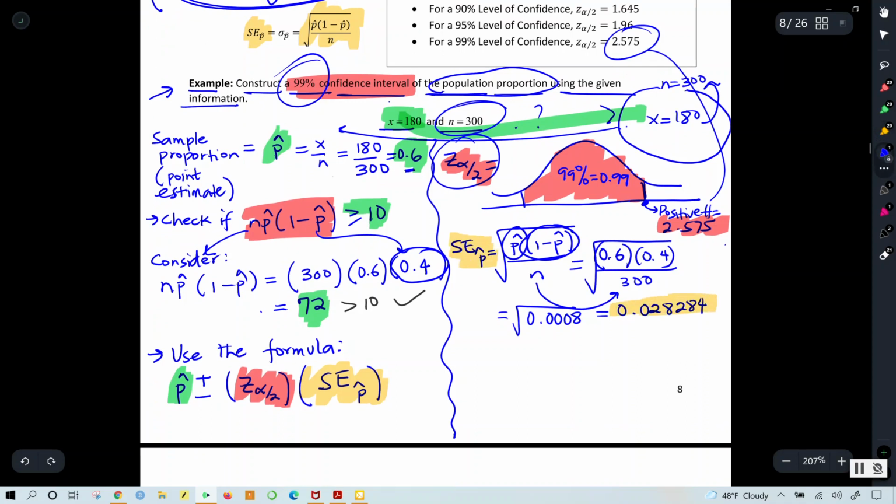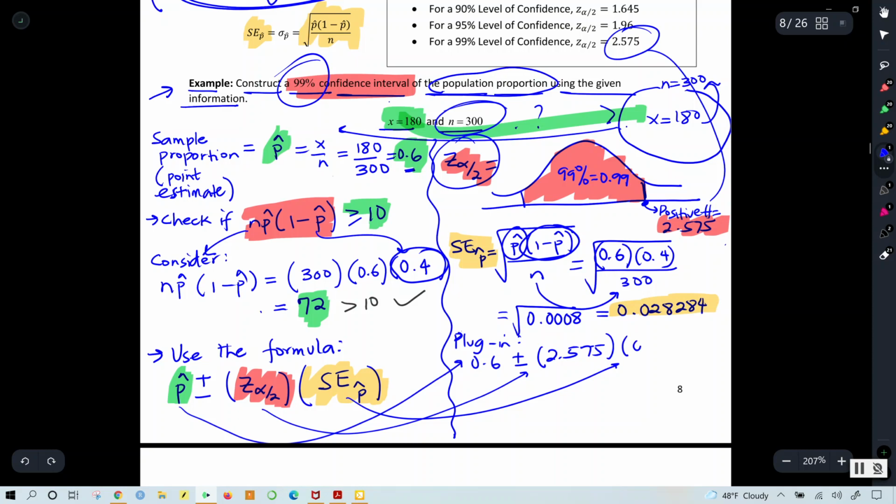So I can plug in everything. P-hat is 0.6 plus or minus z of alpha over 2, which is 2.575 as we saw earlier, times the standard error, 0.028284.